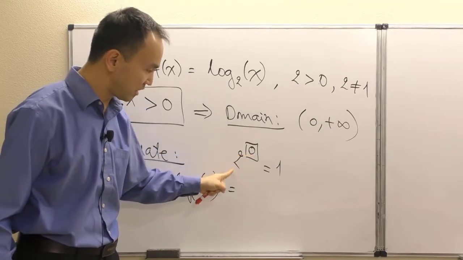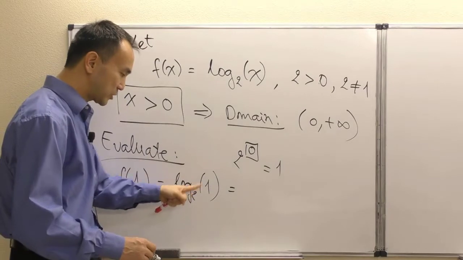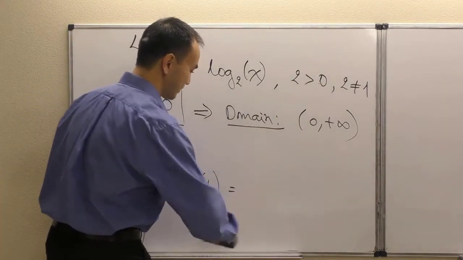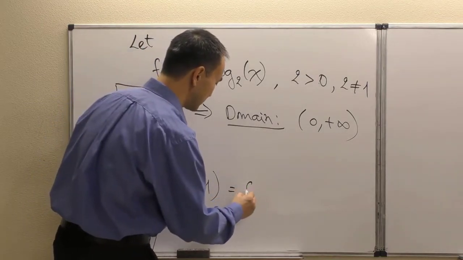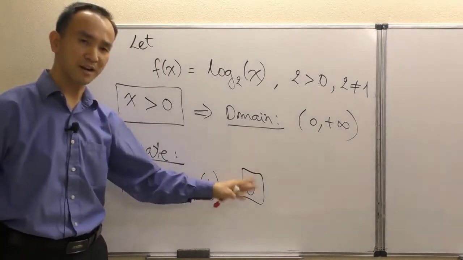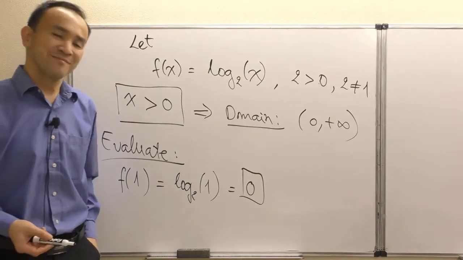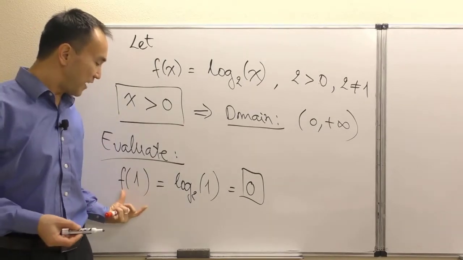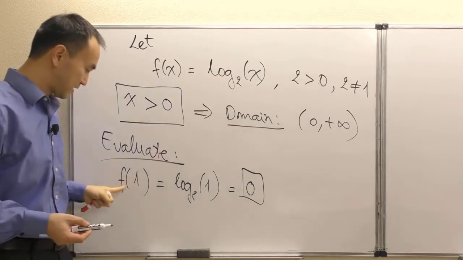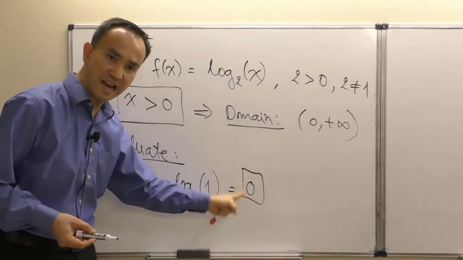And so log base 2 of 1, the answer is 0. That connects directly with my lecture where I introduced what a logarithm operation is. So that's how we evaluate our function f of x, previously defined as log base 2 of x. Now f of 1 equals log base 2 of 1, and that's the output here, 0.